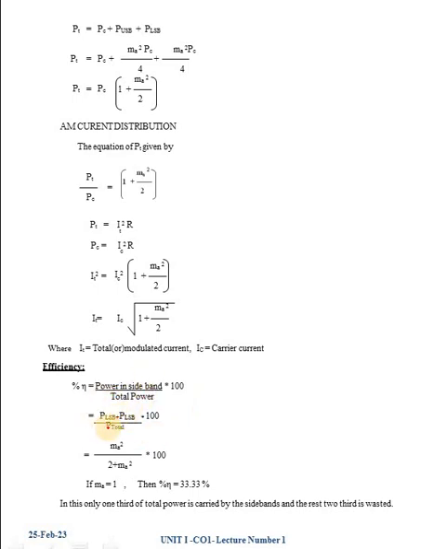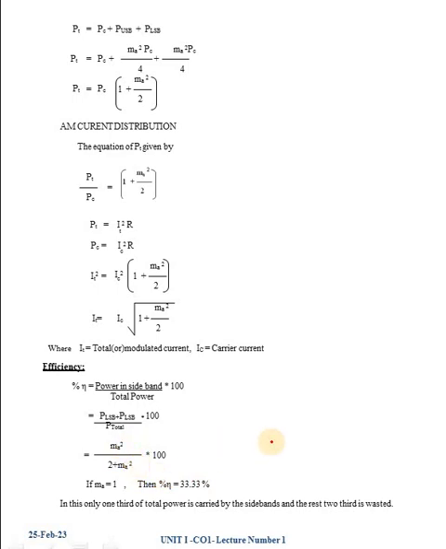Sideband power is LSB and USB, and total power is PT. If we substitute these values in the efficiency formula, we will get MA square divided by 2 plus MA square into 100. After simplification, we will get 33.3%.